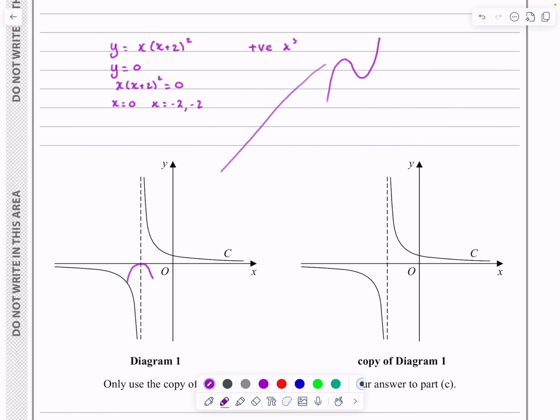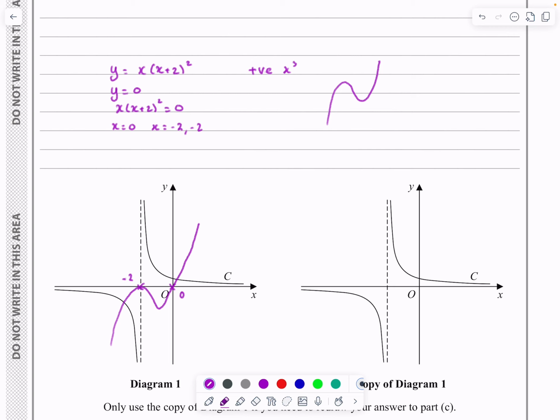Now, if I also add in the fact that it's this shape and also add in the fact that I know it hits here and also hits here, all those things together mean that my graph has to look something like this. It has to touch at minus 2 there, come back down again, and then go back up to hit at 0 and look something like that. So this is minus 2, this is 0 here, and that's giving me everything on it.